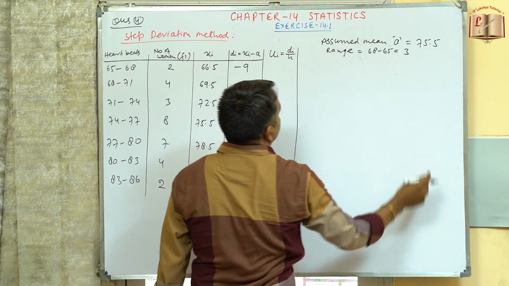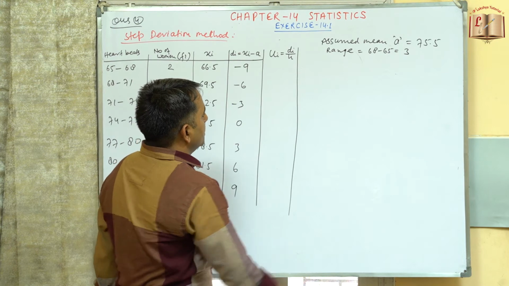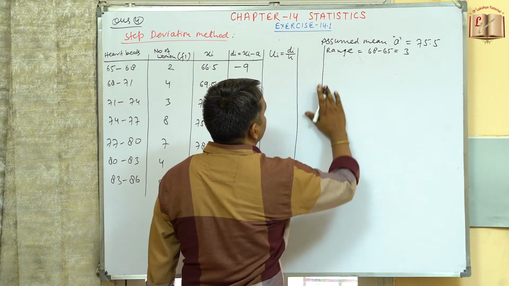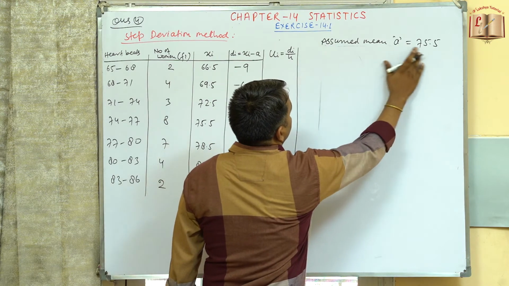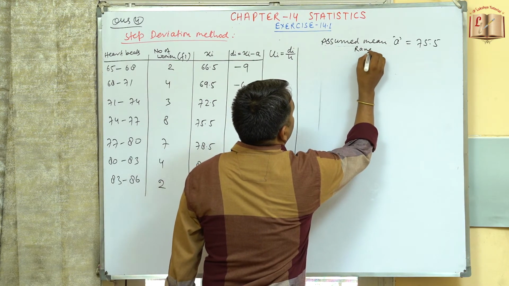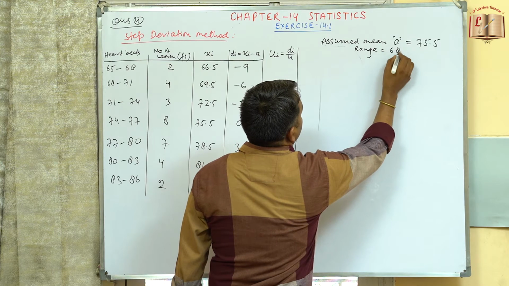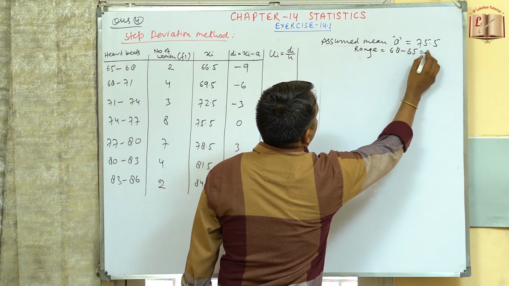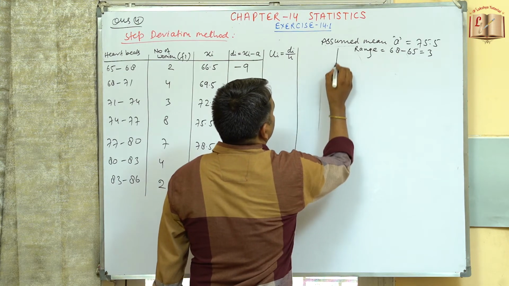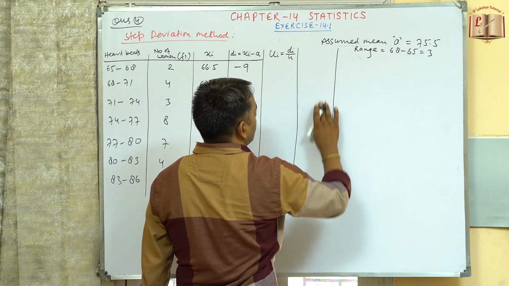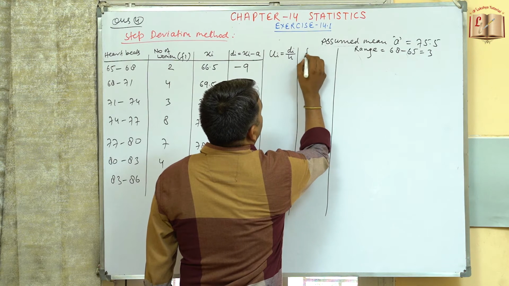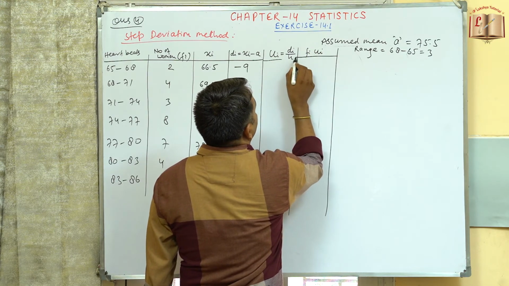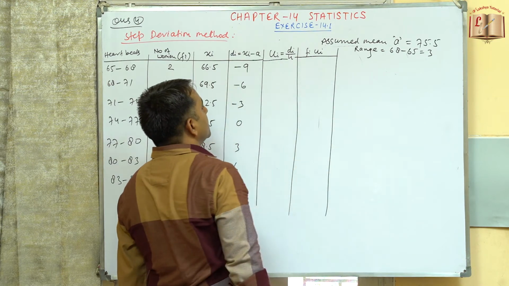So this is 3. So that we will calculate over here. This is range equals 68 minus 65. So this is equal to 3, and in the next column we will calculate this Fi ui.